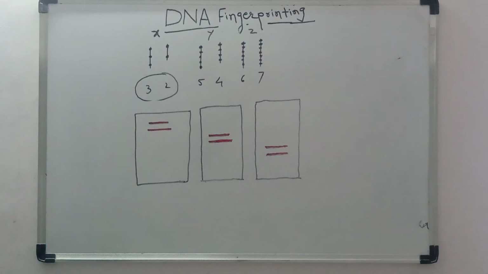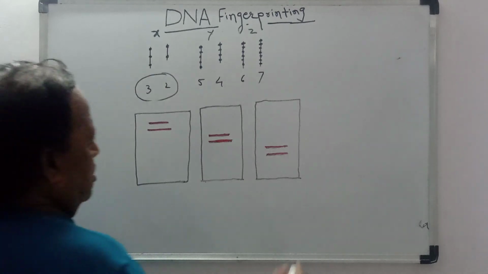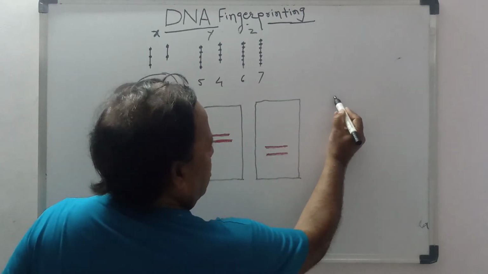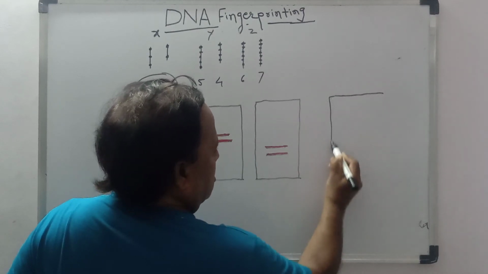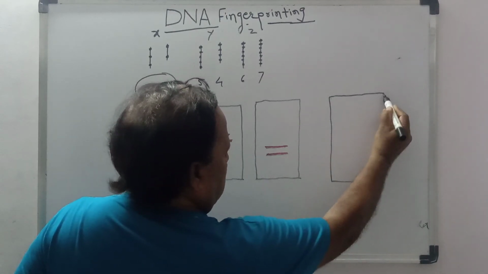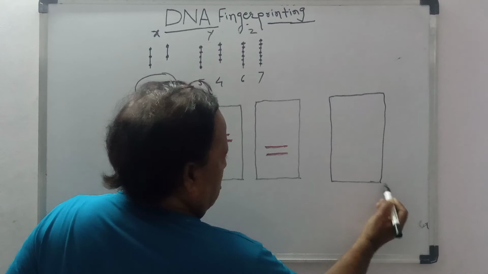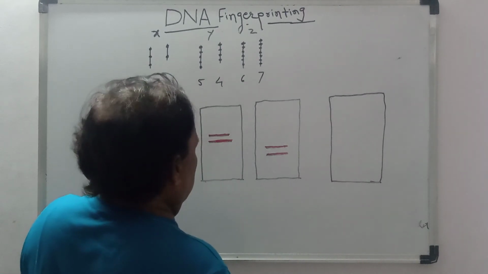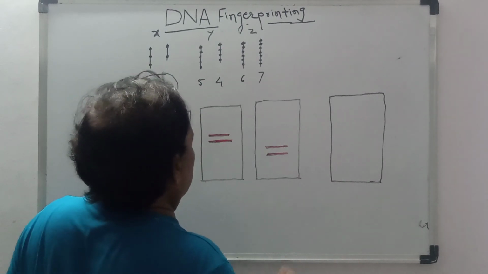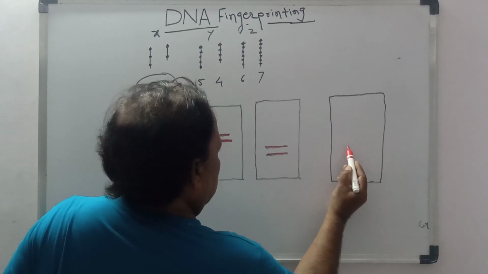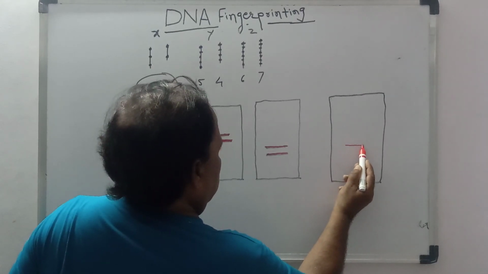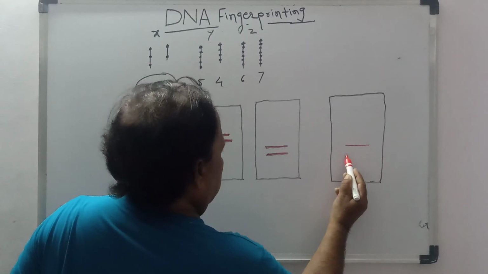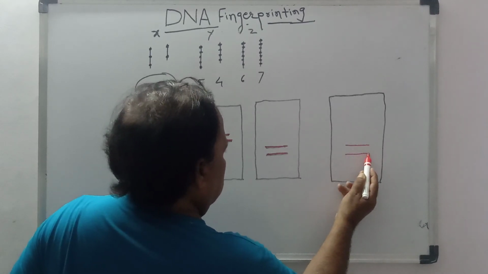Suppose we compare this with the drop of blood which we got from the murder site. Suppose that structure resembles the Z structure like this.